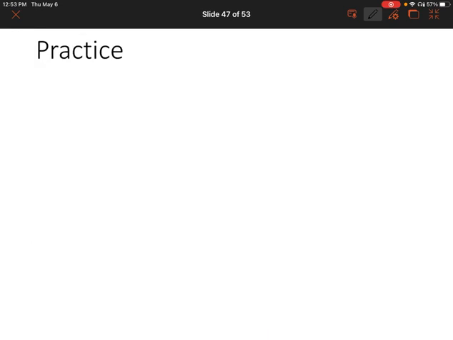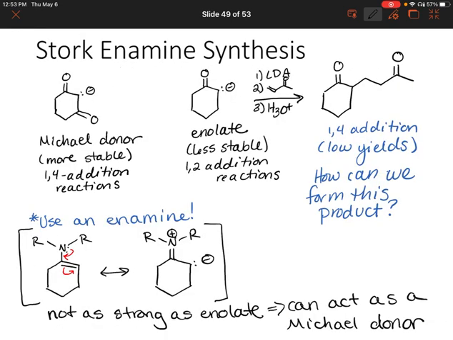So again, going back to our original slide here, we had tried a problem where we used this enolate, and we saw that we got a mixture of products. We had the 1,2 addition product and the 1,4 addition product. And because this enolate was less stable, the 1,2 addition product was the major product.